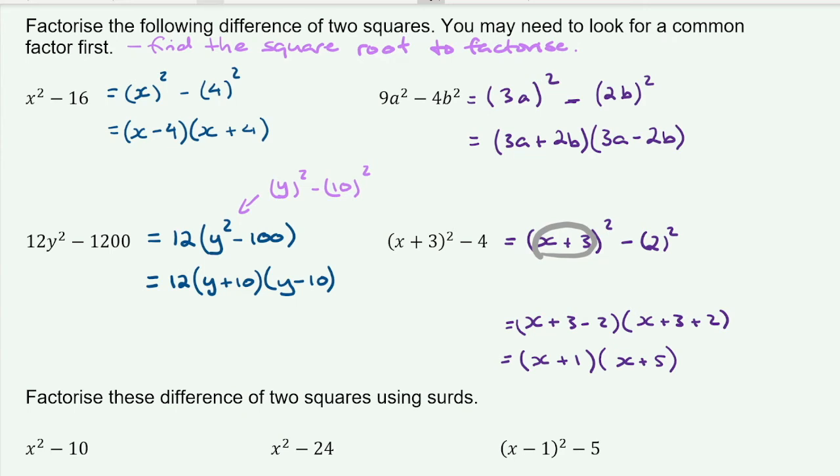And what's actually happening here, okay, is we're going to use a rule. Alright, we're going to use the a squared minus b squared equals a plus b, a minus b rule.